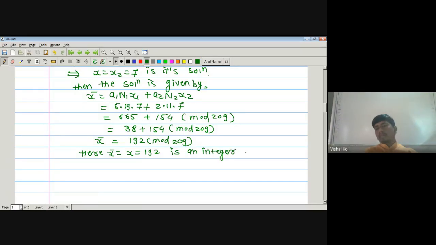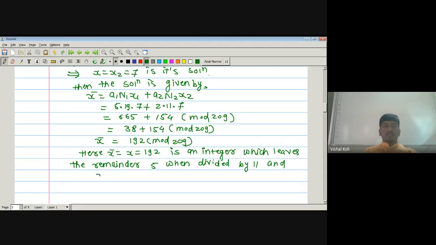which leaves the remainder 5 when divided by 11 and 2 when divided by 19. Whether it will be true, check whether this is correct.